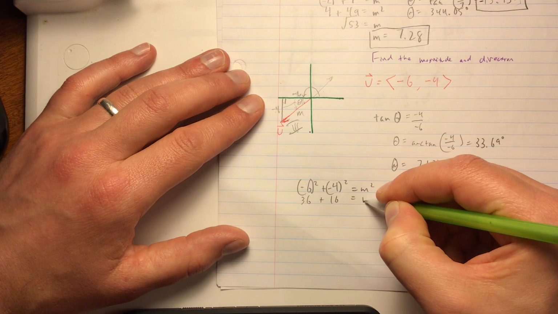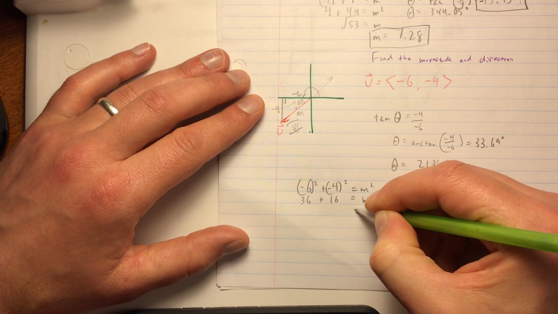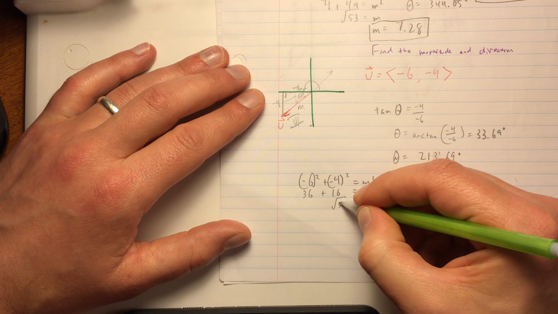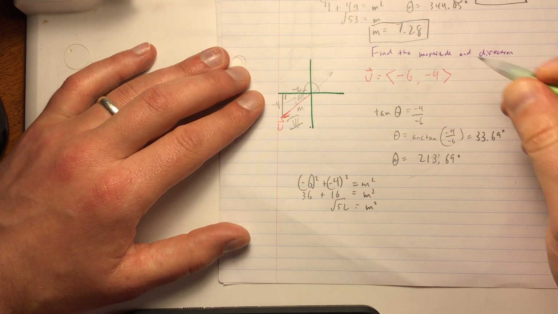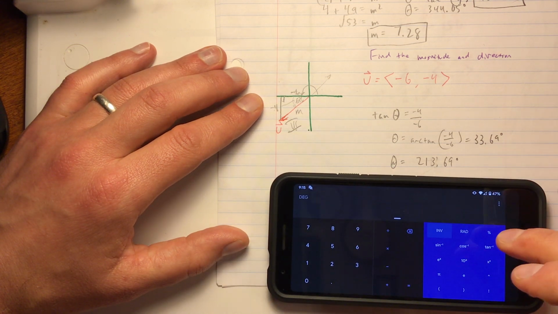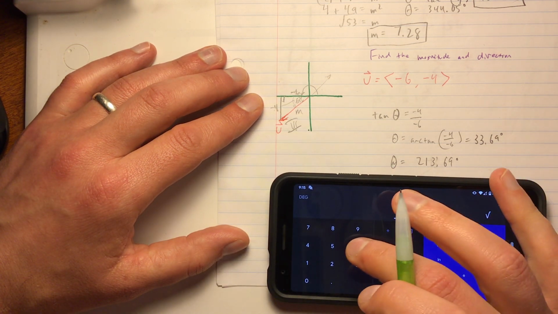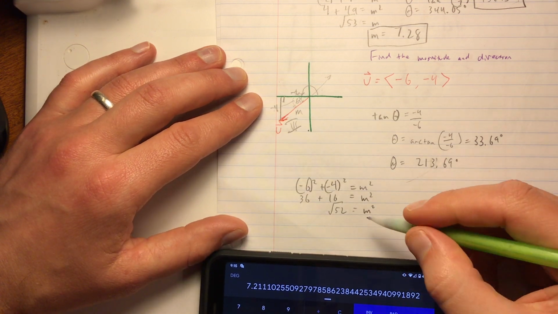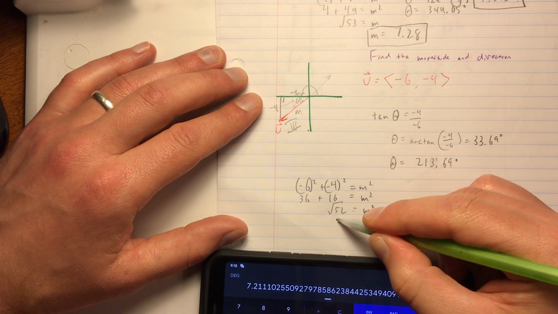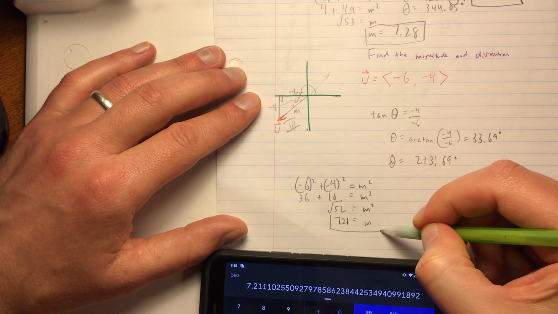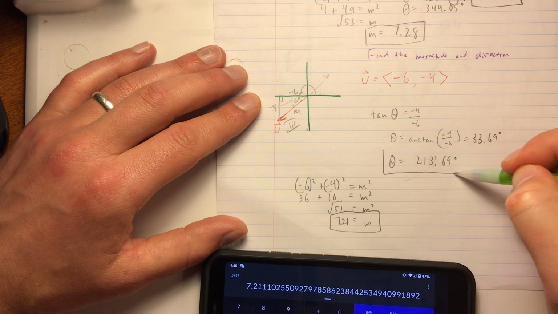That's the magnitude squared. Well, that's going to look familiar. It's going to be a square root of 52. That's going to be really close to that. Let's find out what that is, though. So the square root of 52, 7.21.